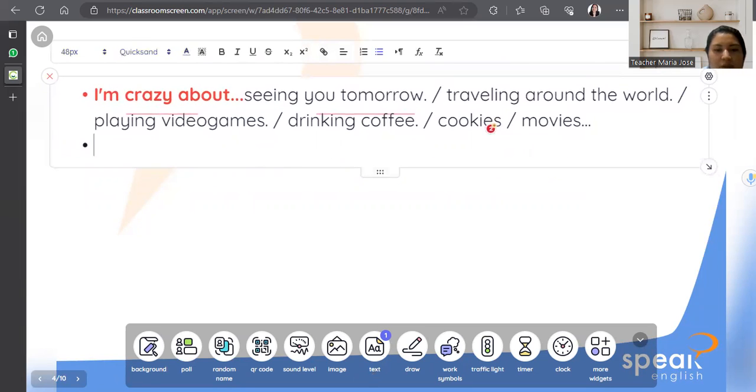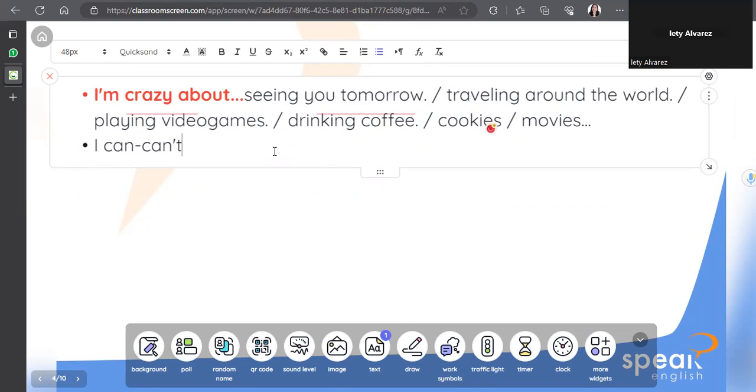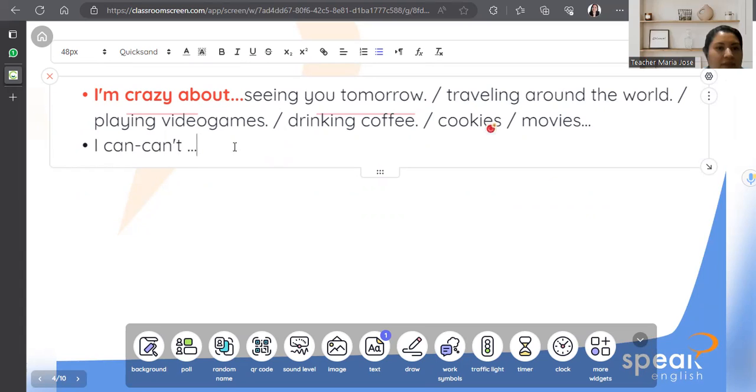Okay, second expression that we were checking, well, this is easy, with either can or can't. So can you give me some examples? Let me, choose one, can or can't.